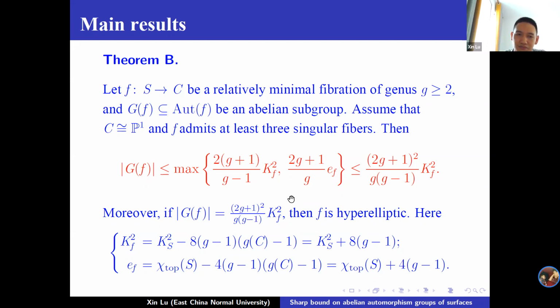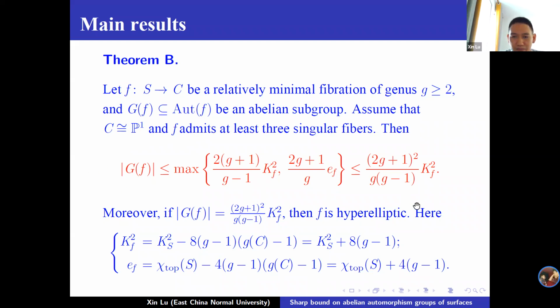Let F: S to C be a relative minimal fibration, whose general fiber is of genus G at least 2, and here G_F is an abelian subgroup. And suppose that the base C is isomorphic to P1, the projective line, and we assume that the fibration F admits at least 3 singular fibers.